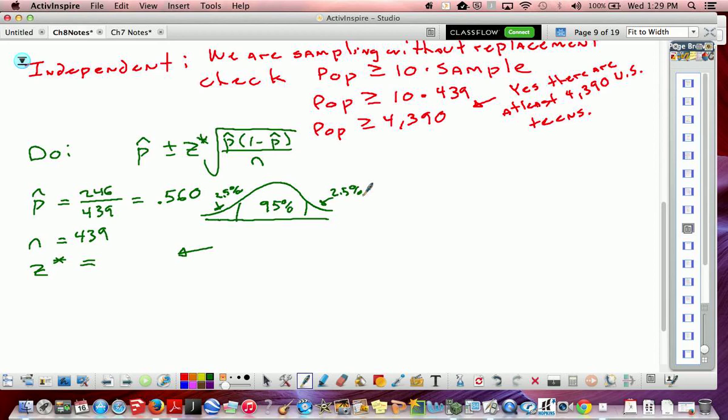On some of these, you're going to see certain confidence intervals pop up over and over again. You'll start to memorize what these are. So if you actually go inverse norm of 0.025, that will give you 1.960. It'll give you the negative. But we also know the positive is on the other side. Just to show you.